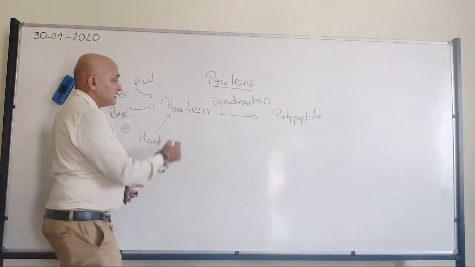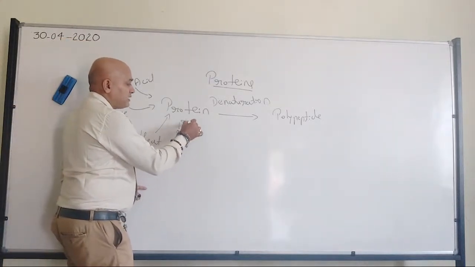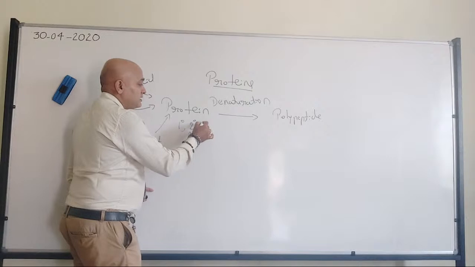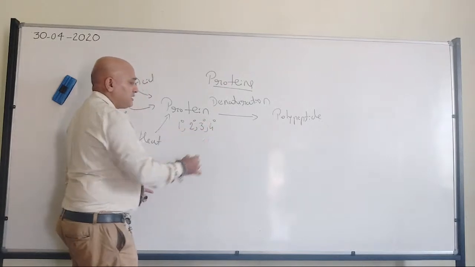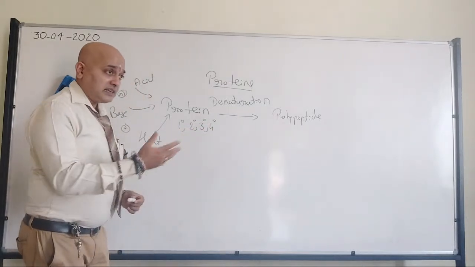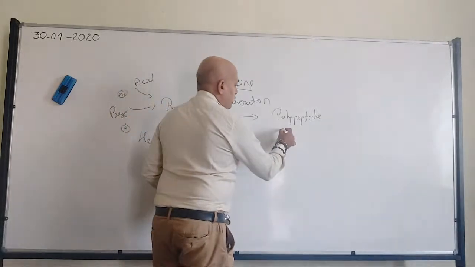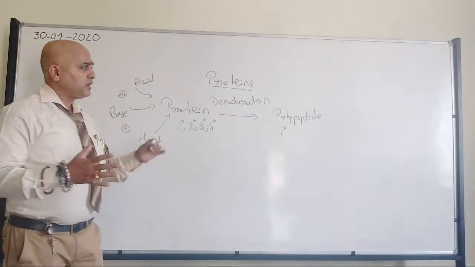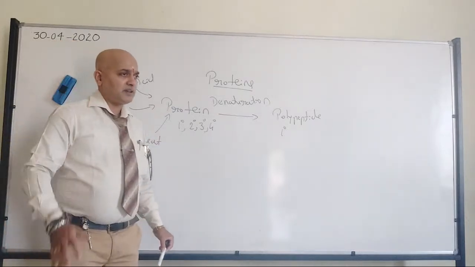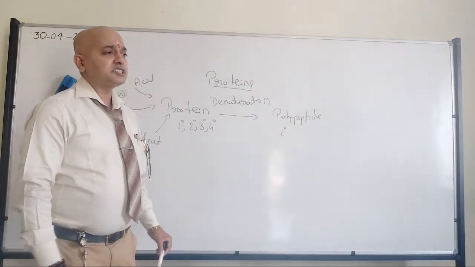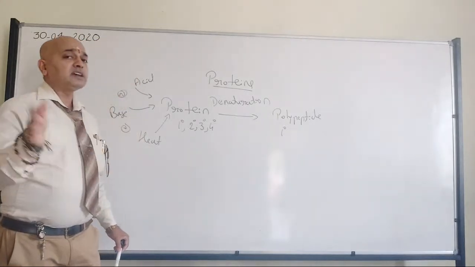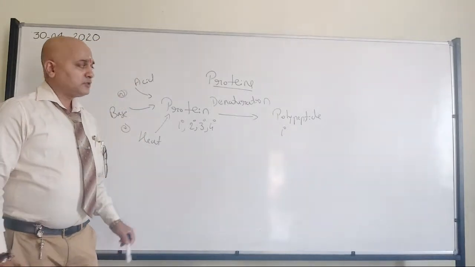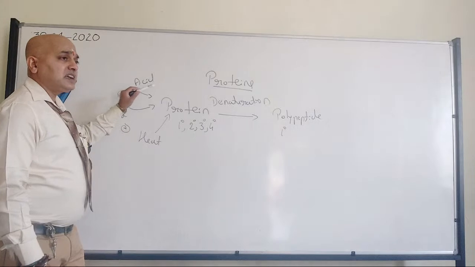That means a protein having primary, secondary, tertiary and quaternary structure will get converted into a molecule which is having only primary structure. Because polypeptide, they are having amino acid sequence. Therefore primary structure is intact, but all the other structures are lost due to sudden change in the condition.